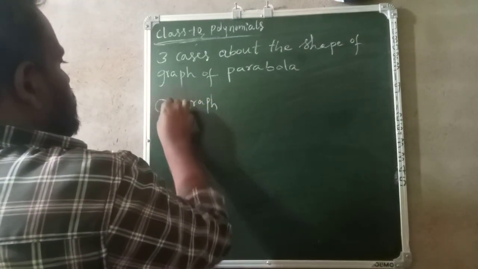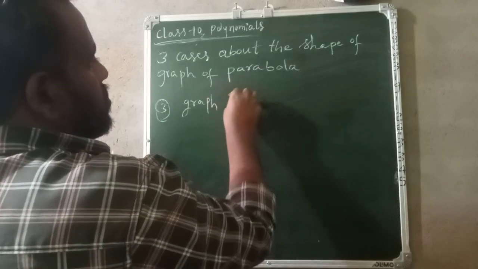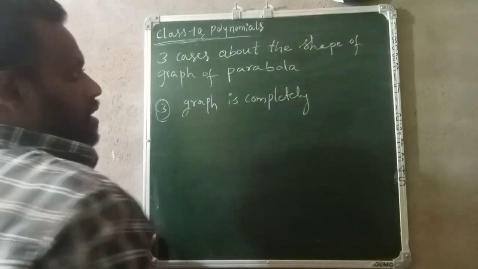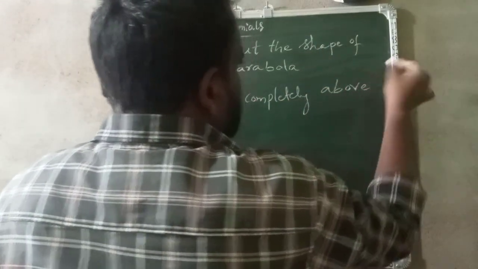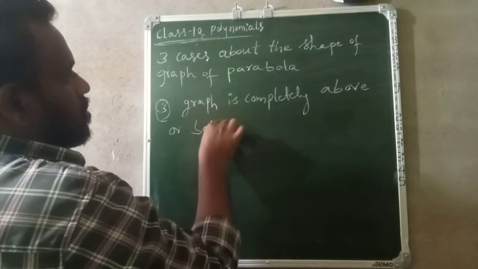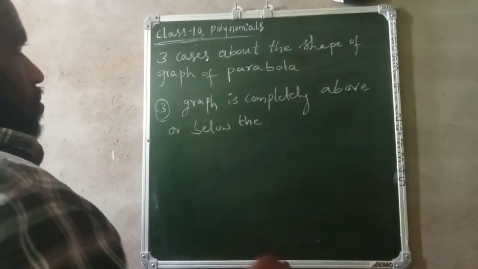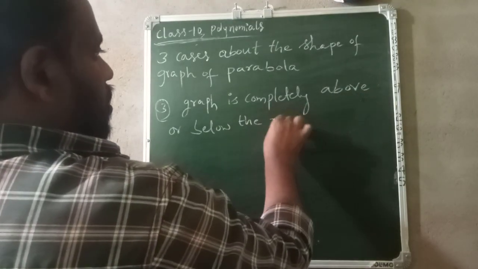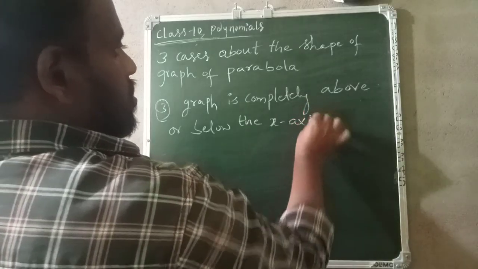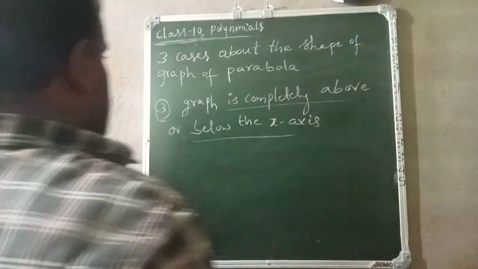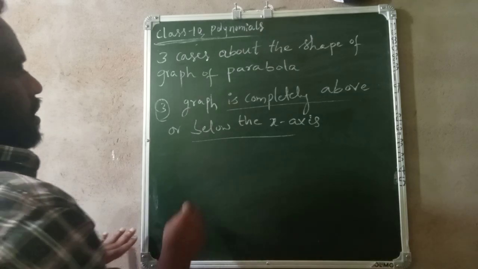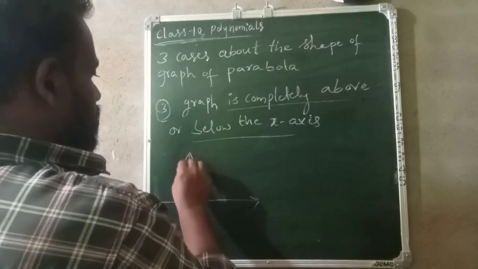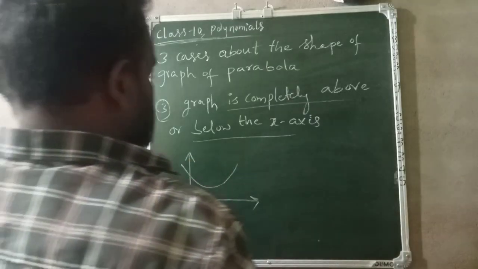This is case 3. The graph is completely above or below the x-axis. This is case 3. I will draw the diagrams first so you will understand.